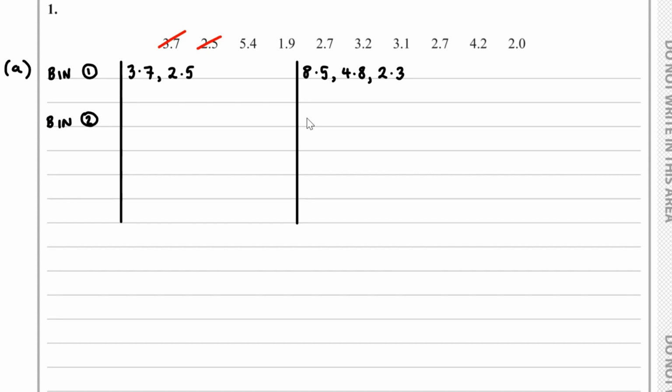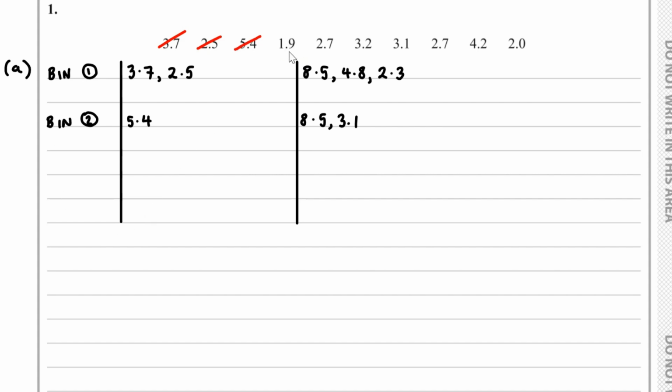Currently bin number 2 has space 8.5, and if we place the 5.4 into bin number 2, the space remaining in bin number 2 will be 8.5 take away 5.4, which is 3.1. Let's mark this off.